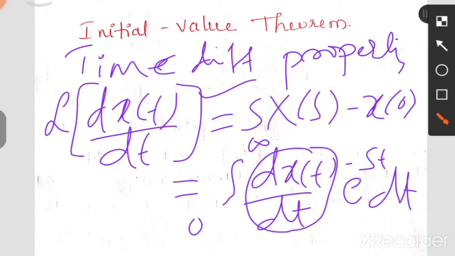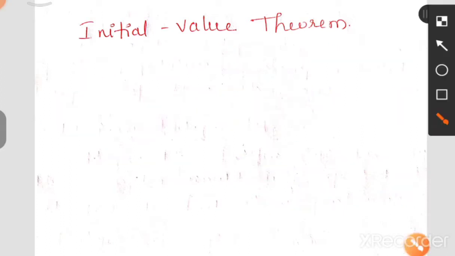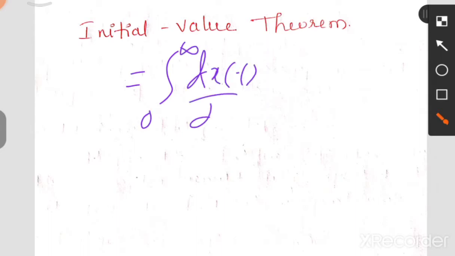So in place of x of t, we have substituted dx of t by dt into e raised to minus st dt.